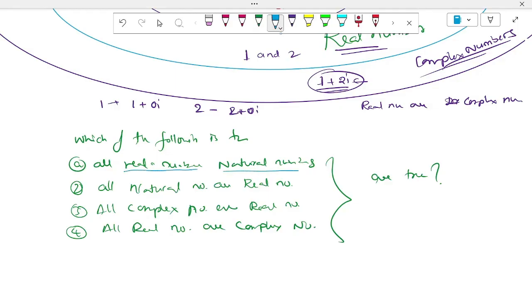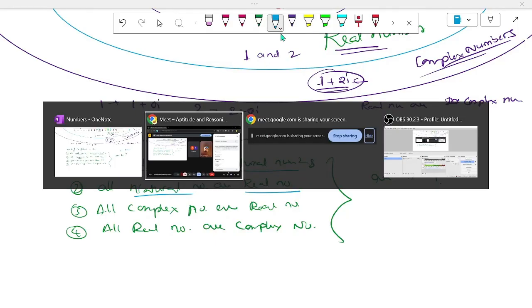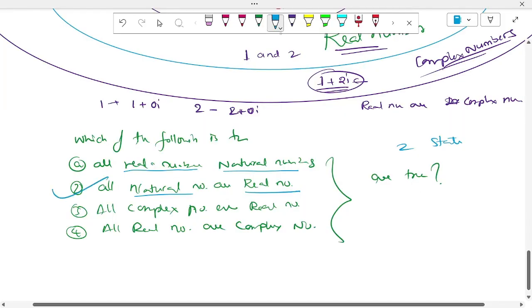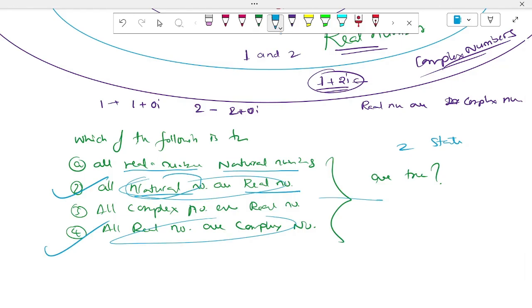There are two statements which are true, and there are two statements which are false. They will ask you like this: which of the following statements are false or true? So yes, option 2 and option 4. These are correct statements, because you know that all natural numbers are real numbers.